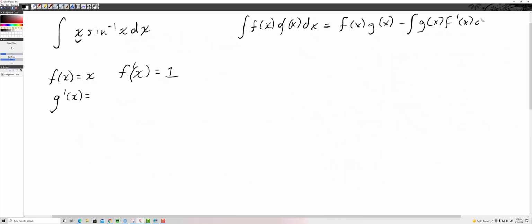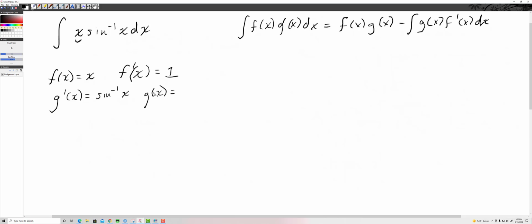And again, sometimes you see this with u's and v's and you have to put dx's at the end and so on, but it's really not that big of a deal as long as you understand what you're doing. You should be good. So that would leave g prime of x as sine inverse x.